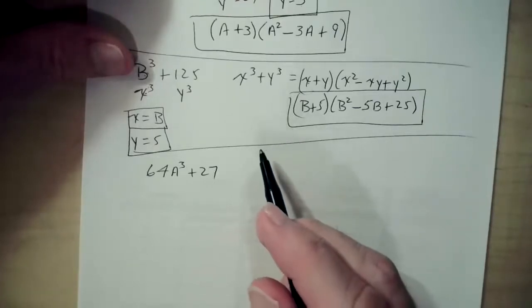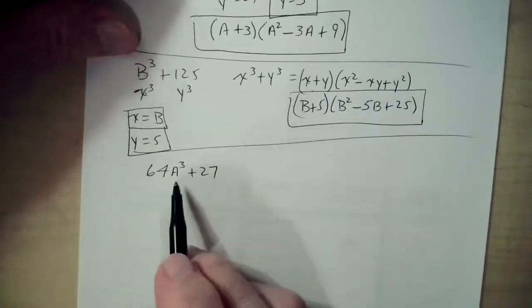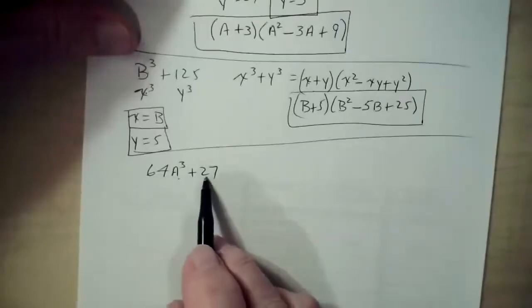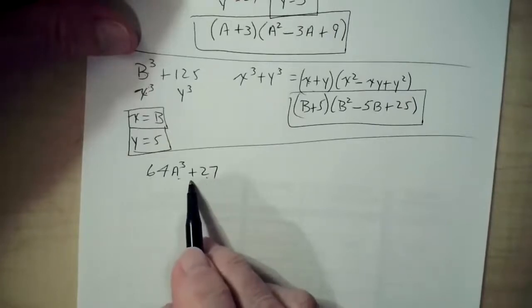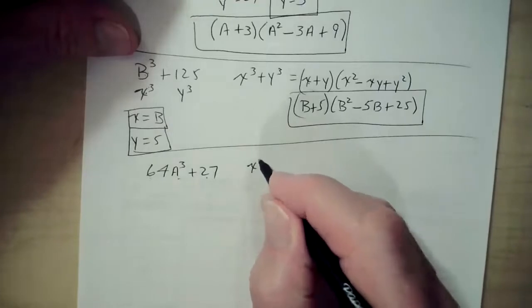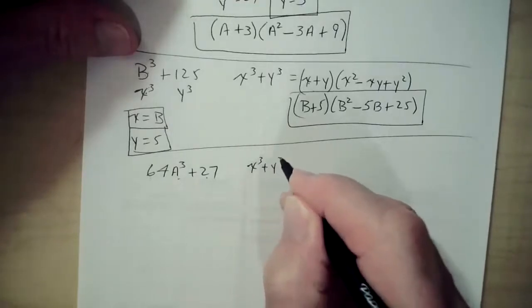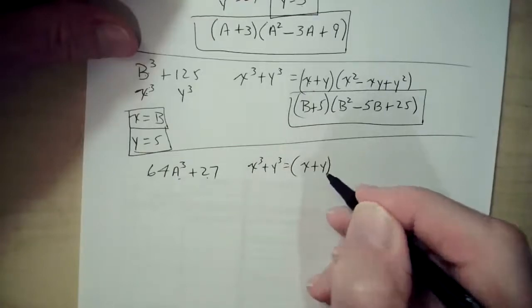Okay, this is the sum. Mr. Zaroli? Yeah. Okay. Everything in here is a perfect cube, and we're adding, so this is the sum of cubes.